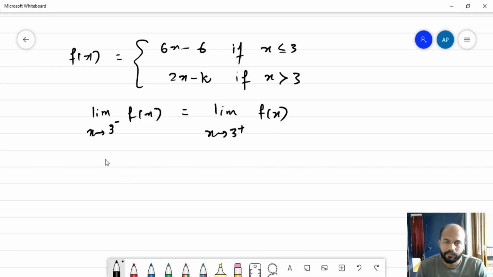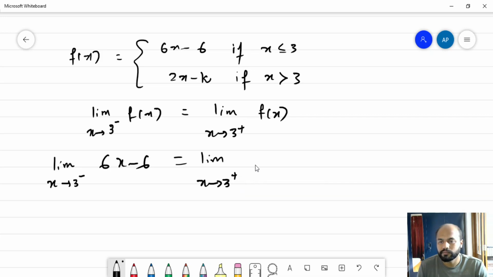So basically 6x minus 6, limit x tending to 3 minus, is equal to limit x tending to 3 plus of 2x minus k. You have to find the value of k for which the limit will exist at 3.